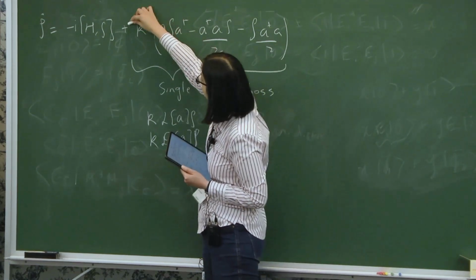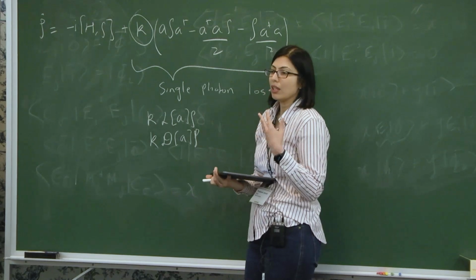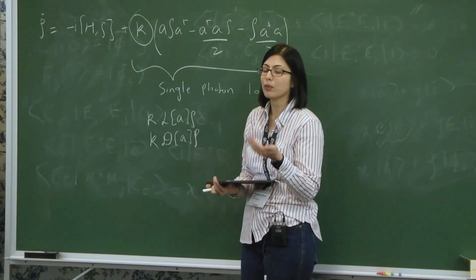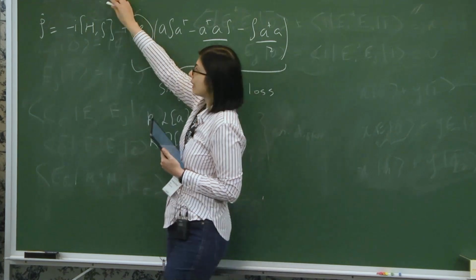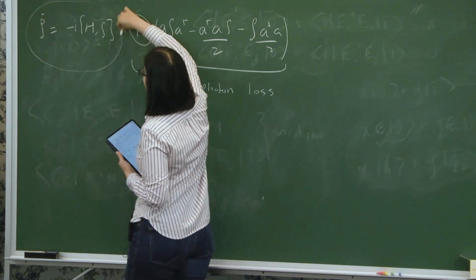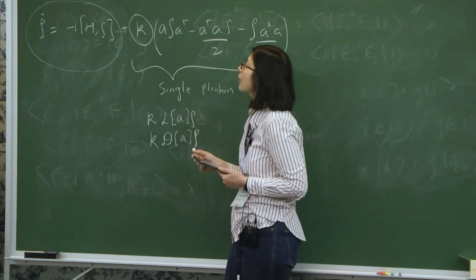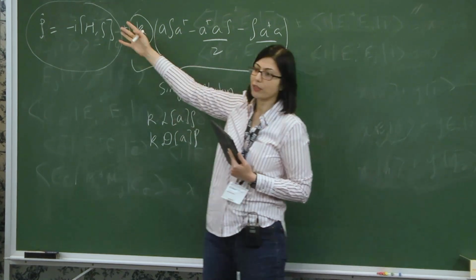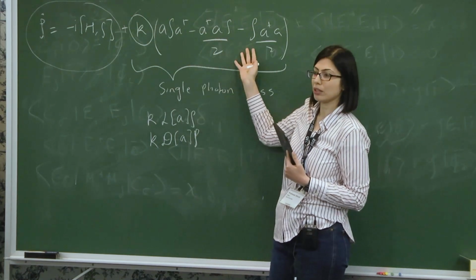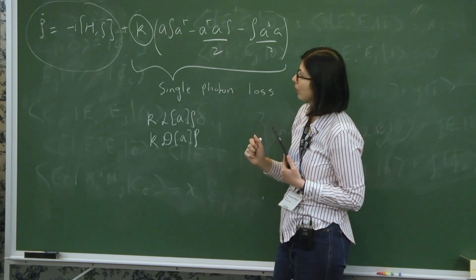The term kappa tells you how fast the photons are being lost to the environment. If kappa is 0, then this is just a closed system evolution of the cavity, of the oscillator. If kappa is non-zero, then it's no longer free evolution, it's actually losing photons to the environment.